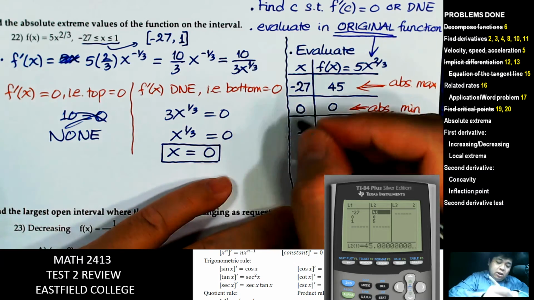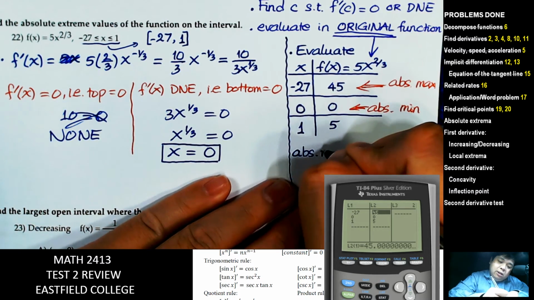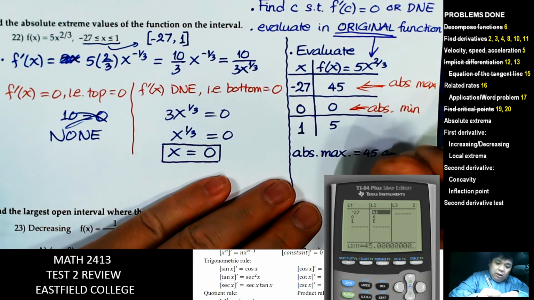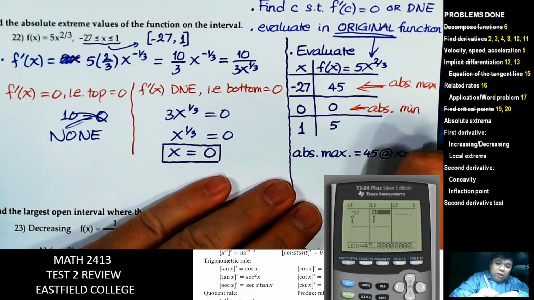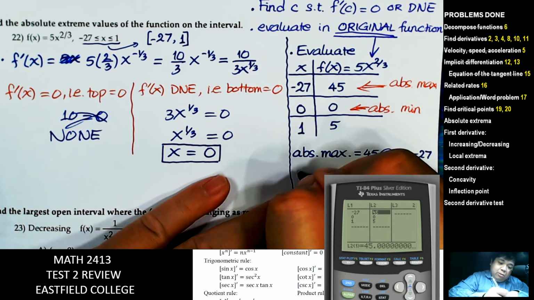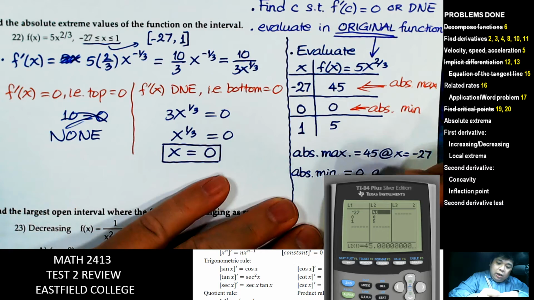So let's write: absolute max equals 45 at x equals negative 27, and absolute min at x equals 0.